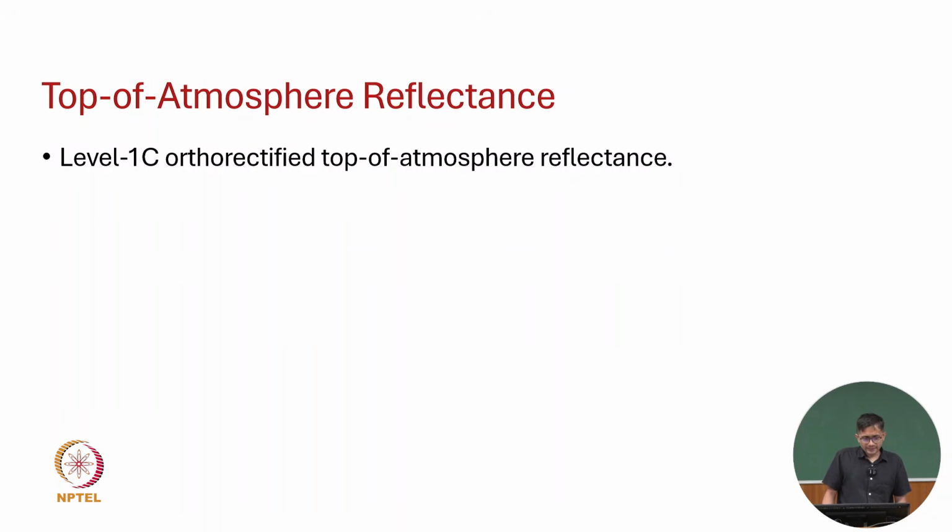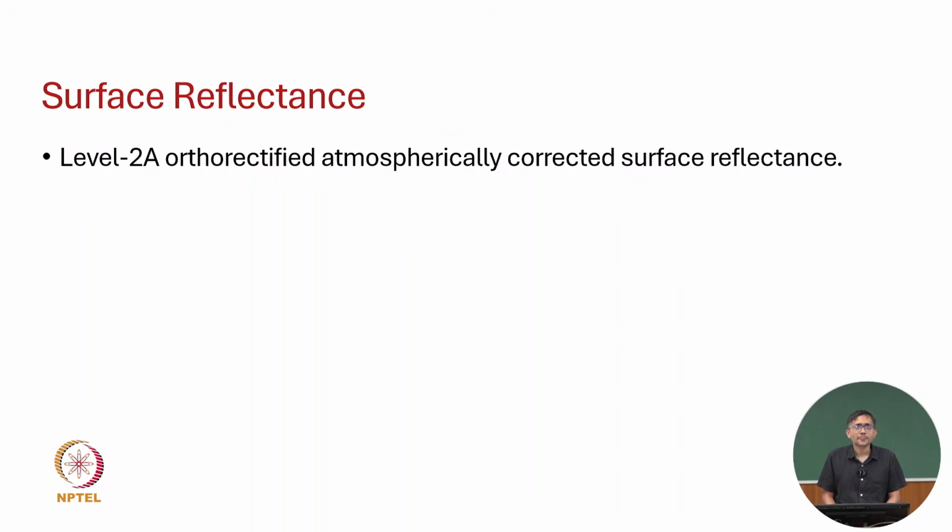Again, the Sentinel-2 data is available as top of atmosphere reflectance, which we often call Sentinel-2 level 1C data, or it is available as surface reflectance, that is level 2A data.